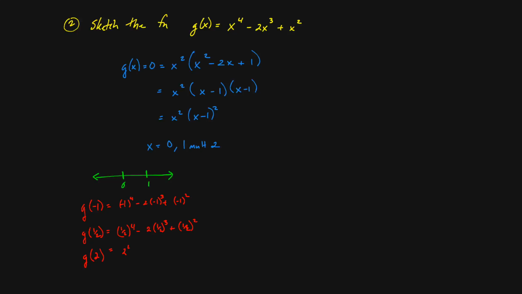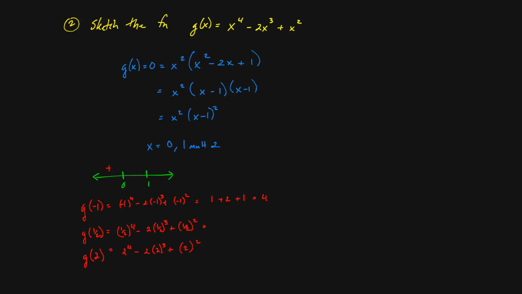And this is going to be 2 to the 4th minus 2 cubed plus, no, this is going to be just simply 2 squared. If we check these out, negative 1 to the 4th becomes positive 1, minus 2 times negative 1 is plus 2, and negative 1 squared is plus 1. We get 4, all positives, so this is going to be positive.